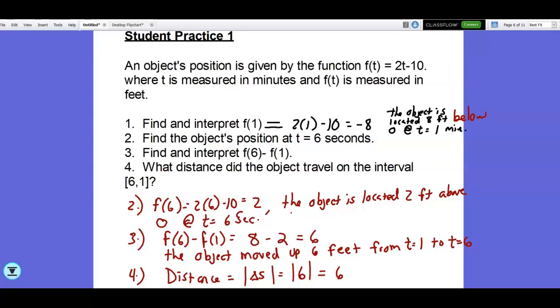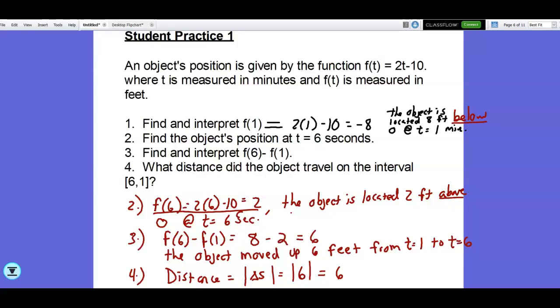For the other one, it says find the object's position at t equals 6, so you're going to plug in 6 into your function, you get 2. That means the object is located 2 feet above the x-axis, above 0 at t equals 6 seconds, because it's a positive 2. So this one is below 0 because it's -8. This one is above 0 because it's positive 2.